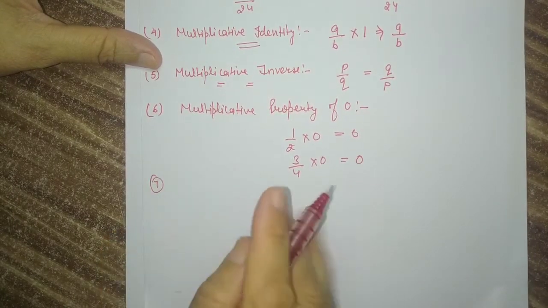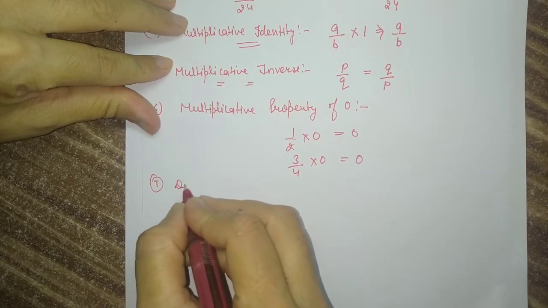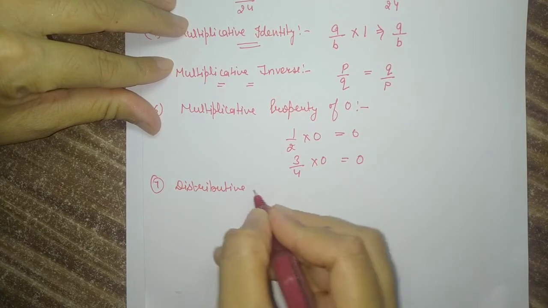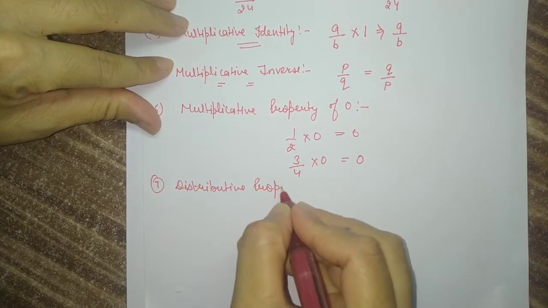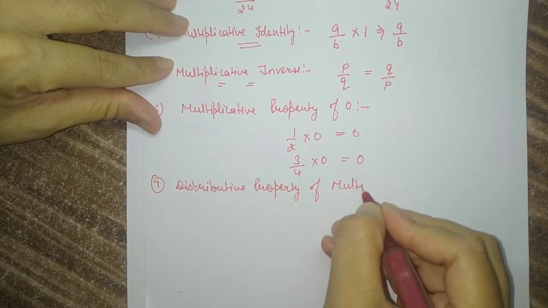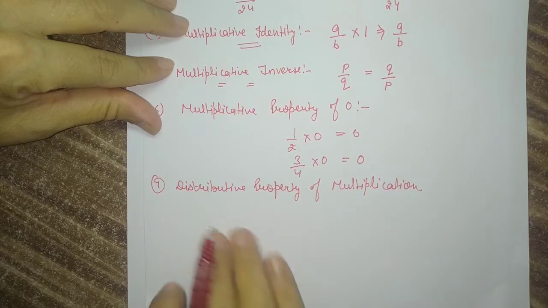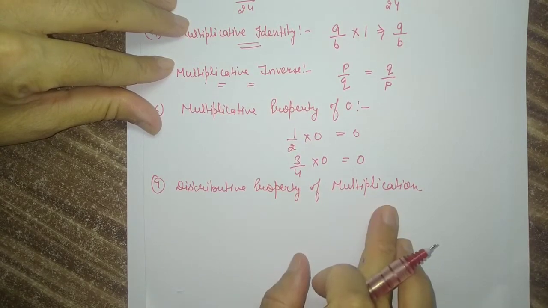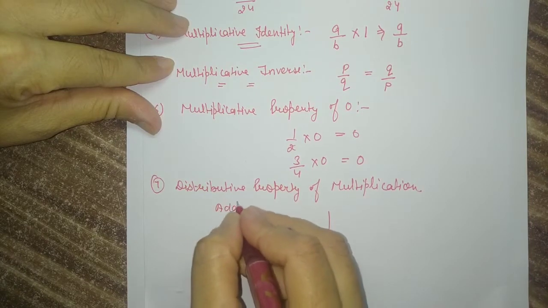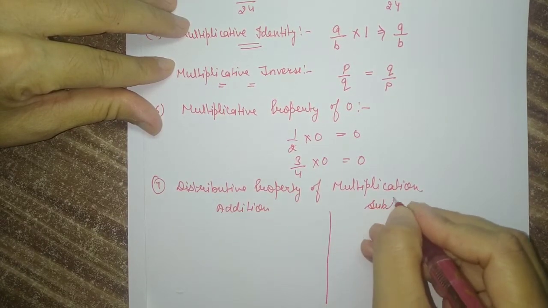Now the last property of multiplication of rational numbers is distributive property. Distributive property of multiplication has two cases, in case of addition and in case of subtraction.